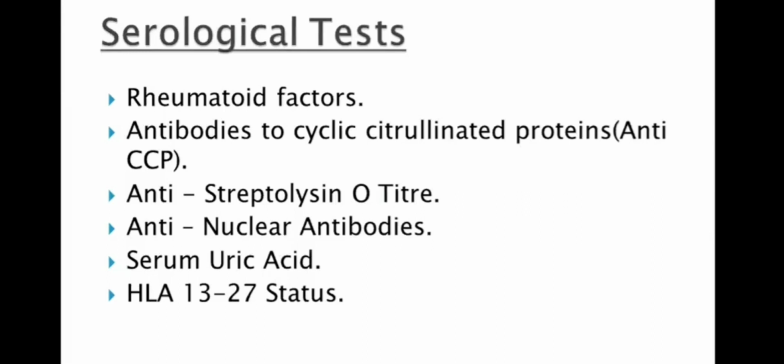Because the method and the kits they are using will be different, and the reporting values will also be mostly different. So that is very simple. You can get it from the report itself. So anti-nuclear antibodies are a group of antibodies which help us to diagnose connective tissue disorders, collagen disorders, etc.